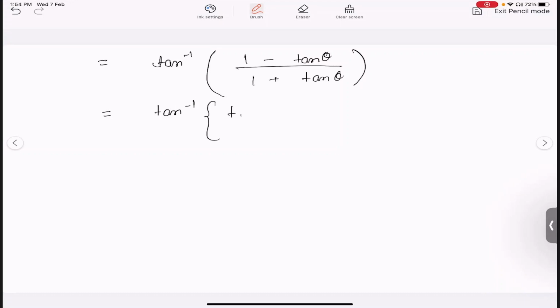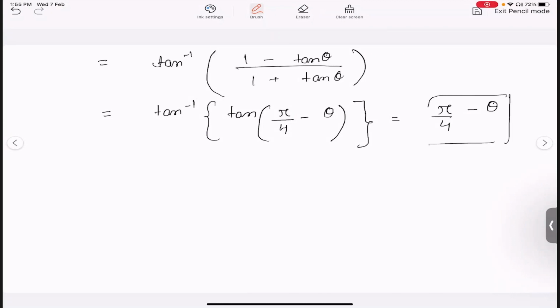So this can be written as pi by 4 minus theta. This is the identity that we have used. So we take out the tan inverse, and this will be pi by 4 minus theta. So u is equal to this.